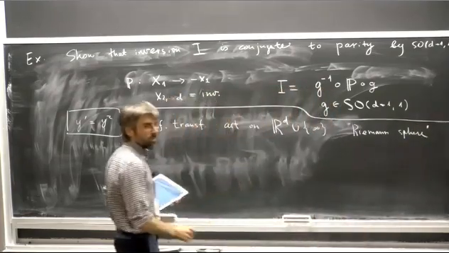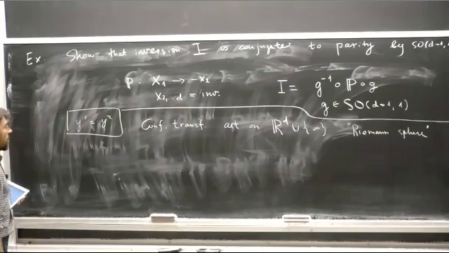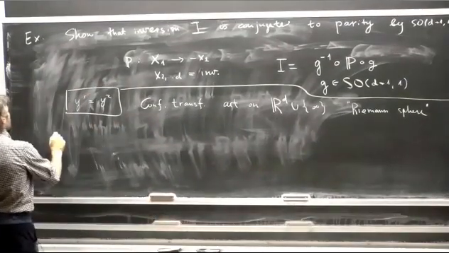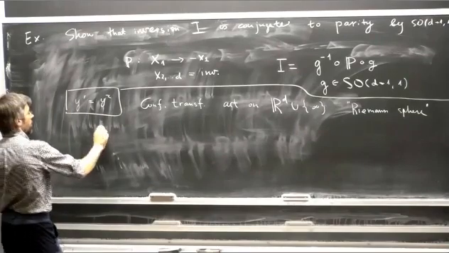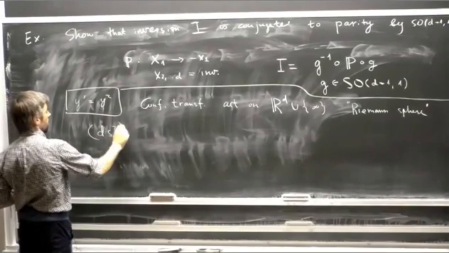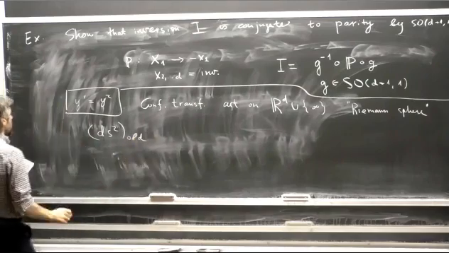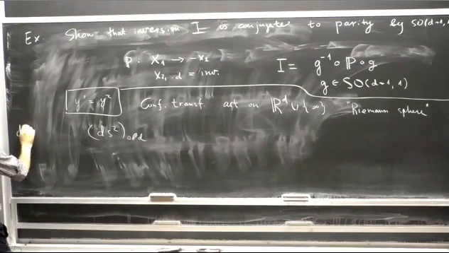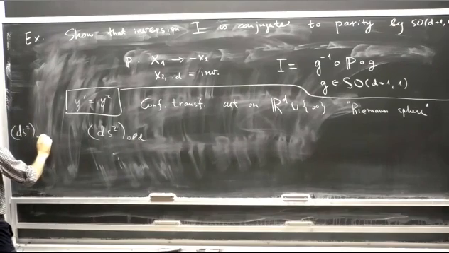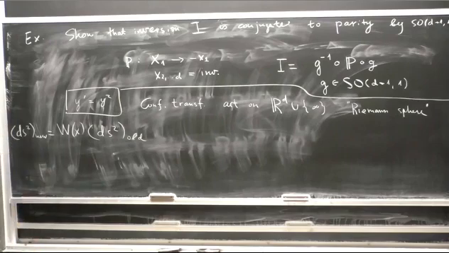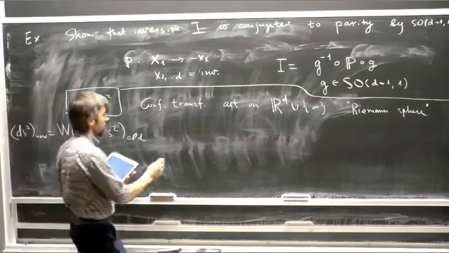Now, if you want to be completely rigorous, what you do is the following. You take your Euclidean metric ds squared and rescale it. You introduce a new metric ds squared prime, which is a rescaling of the old metric by some x-dependent factor w of x. This is called Weyl rescaling.